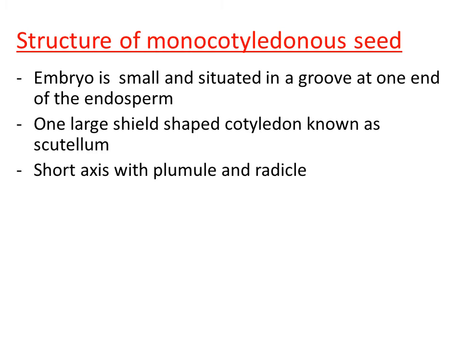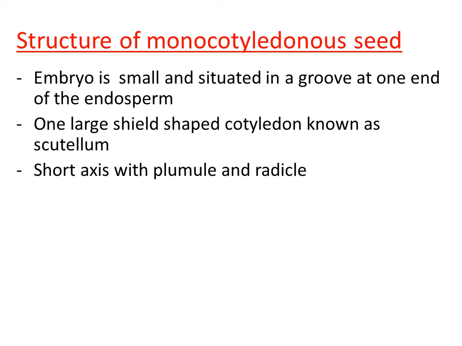Then a short axis is present, named the embryonal axis, that consists of two ends. One is the plumule and the other is the radicle.